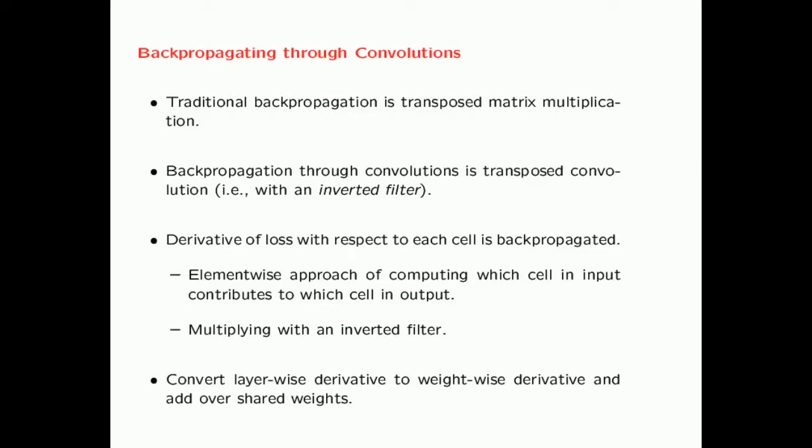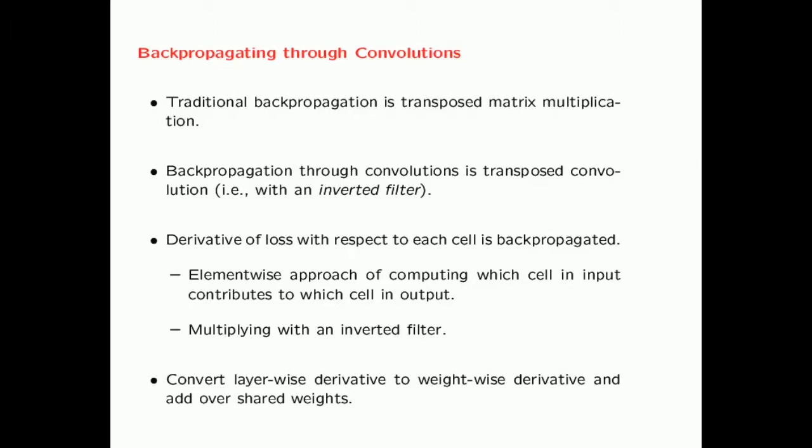One is a simple element-wise approach. That is also discussed in the book, and there's a pseudocode given in the book. Essentially, you look at which cell of the input corresponds to which cell of the output, and you use this fact in order to appropriately accumulate the gradients.